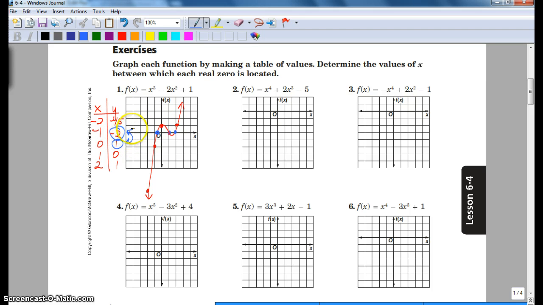Because one point has a y-coordinate that's negative, and the second point has a y-coordinate that is positive, we can say that this 0, again with a y-coordinate of 0, has an x-coordinate that falls between 0 and -1. So, we can define that then as follows. Between 0 and -1.